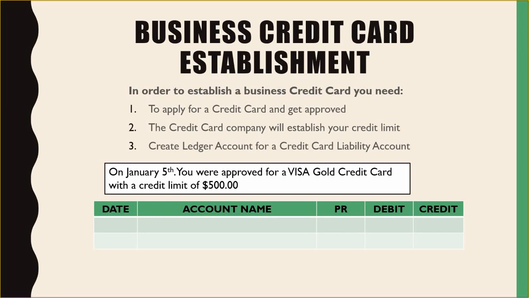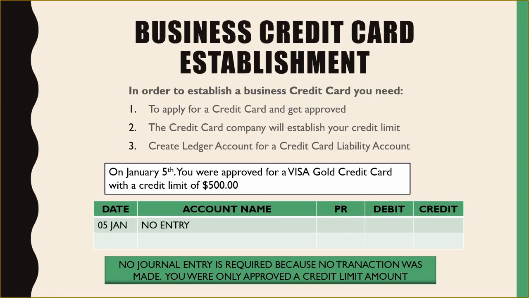Why? You got approved for a credit card. Did I spend my credit card yet? No. So here's the thing you need to know. That's why there is no journal entry necessary. Why? It's a liability. You only got approved for a credit limit.